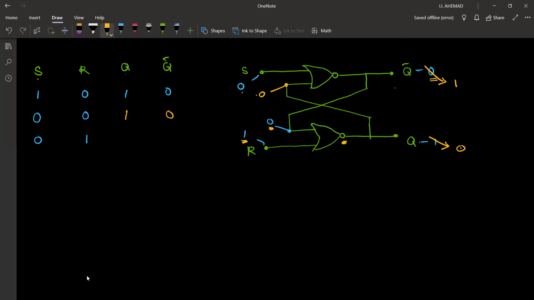And here, the input changes to 1. Now, again, let's go once again. 1 or 1, that is 1. When it passes the NOT gate, it is 0. Now it's stable. When it went through one loop, it became stable. So the value of Q is 0, the value of Q bar is 1.